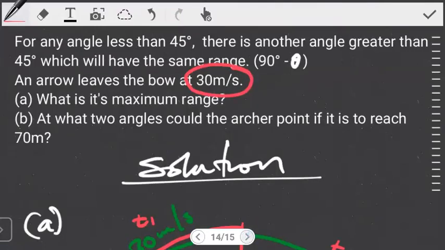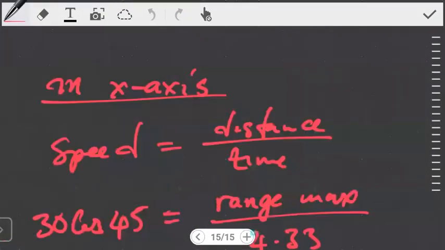So what are we looking for? We want to find the two angles. Remember, one has to be less than 45, the other one is greater. So what two angles? Let's say this is the first one. Let's label it as theta. The velocity is 30 meters per second.